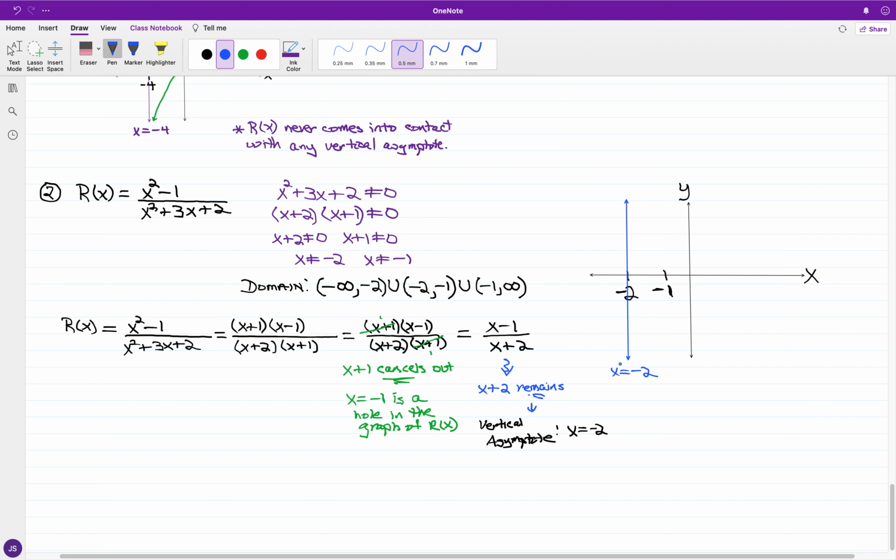And for the graph of r of x, you're going to have kind of like the function before. You have a bit of an arc in this upper left-hand region, and another arc in the lower right-hand region.